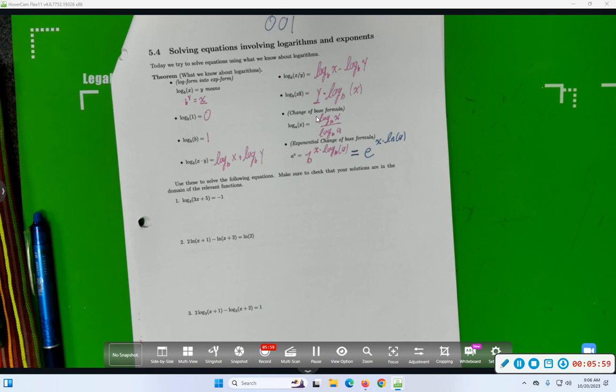So let's try to solve problem 1. Problem 1 obviously being the simplest looking of the lot, right? If you see that equation and want to solve it, what seems useful? What seems like a good first move? Yeah, all of the unknowns are inside of the logarithm, and there's only one logarithm.